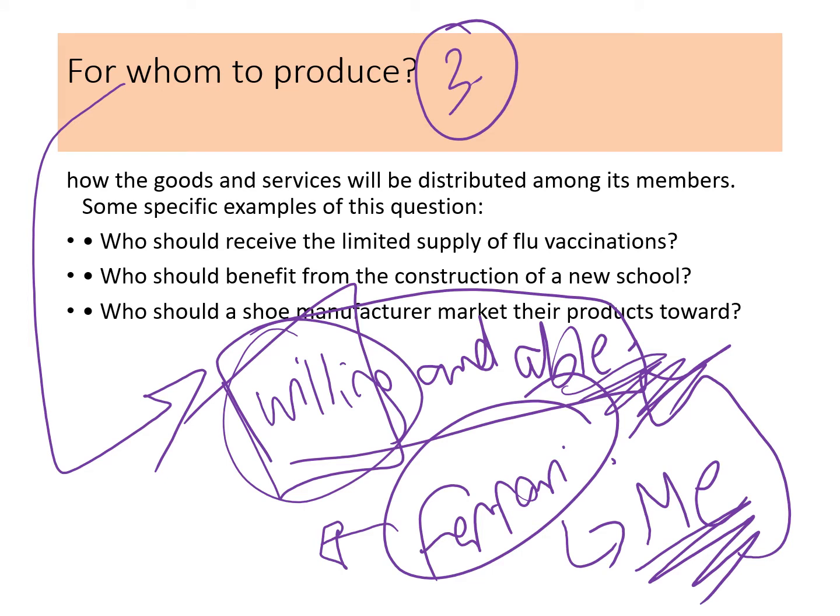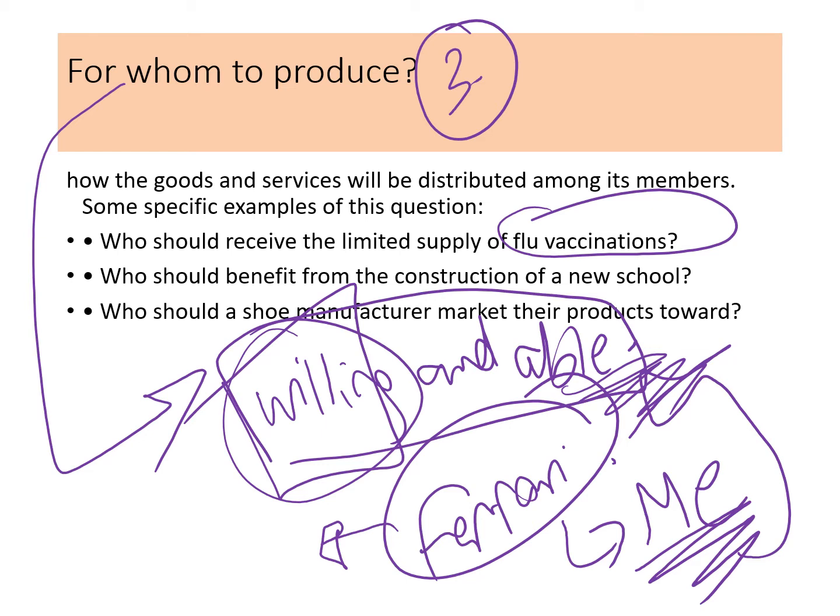Here, for example, if I'm talking about the flu vaccine or the coronavirus vaccine, who would these vaccines be provided from? They would be provided to us by the government. So if we have a limited supply, who would the government provide the vaccines to first? To the people who are most vulnerable.